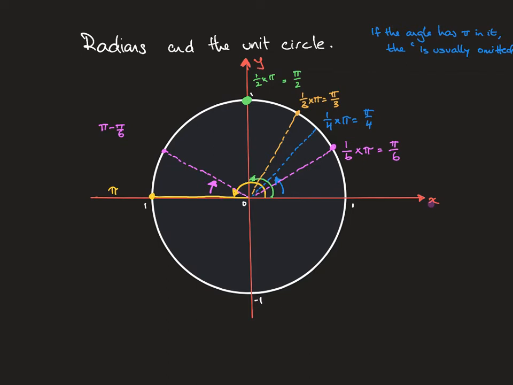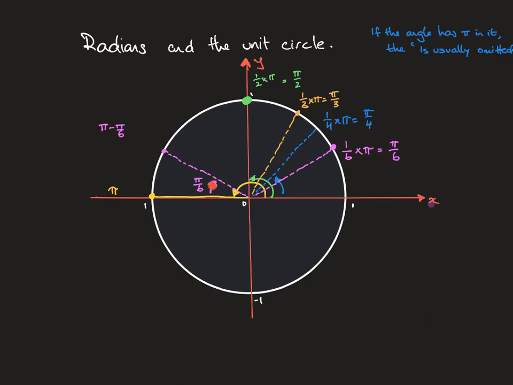So this is the angle coming back this way that matches this angle here. So this angle that's in here is in fact pi on 6 coming back this way.